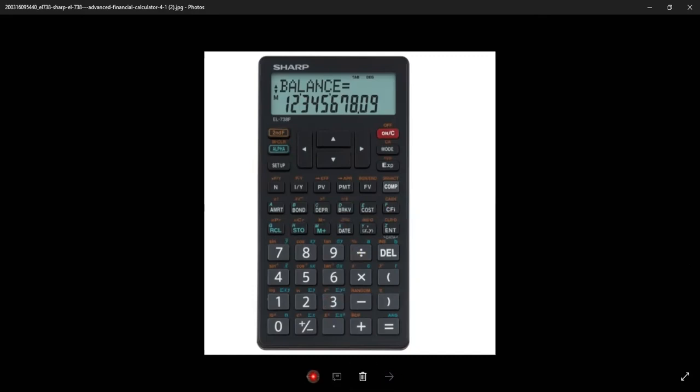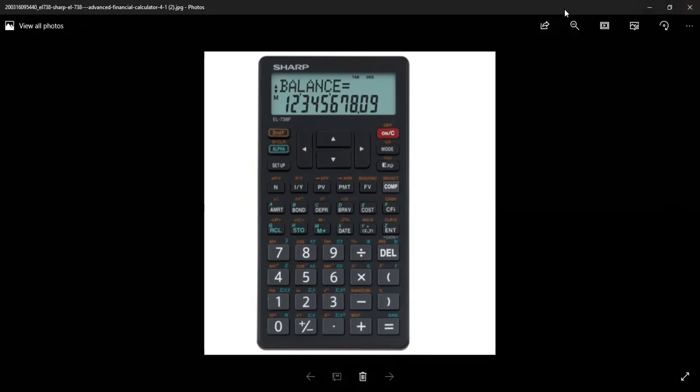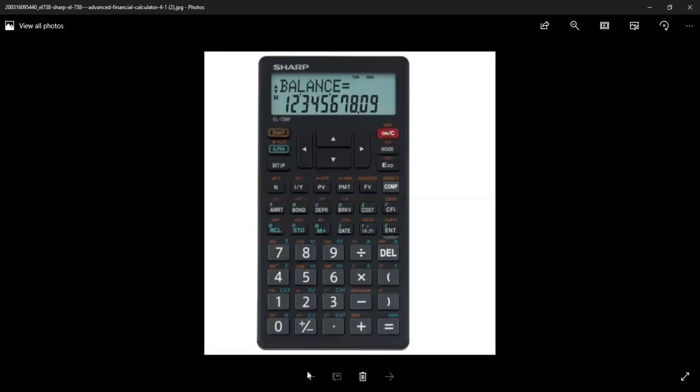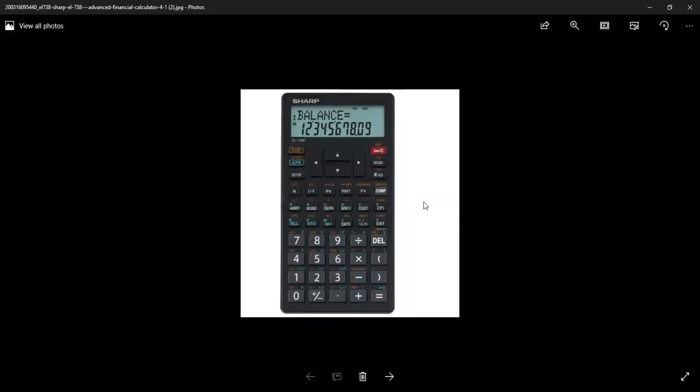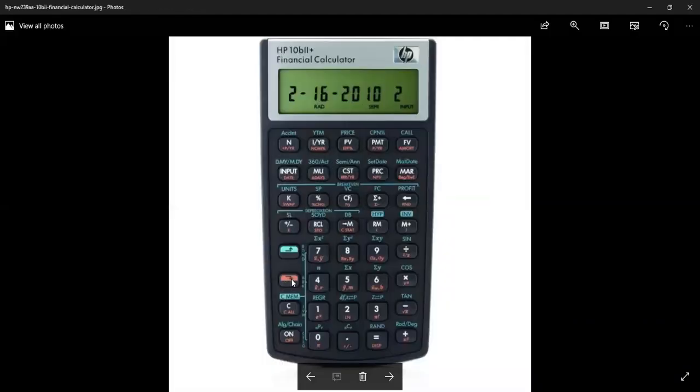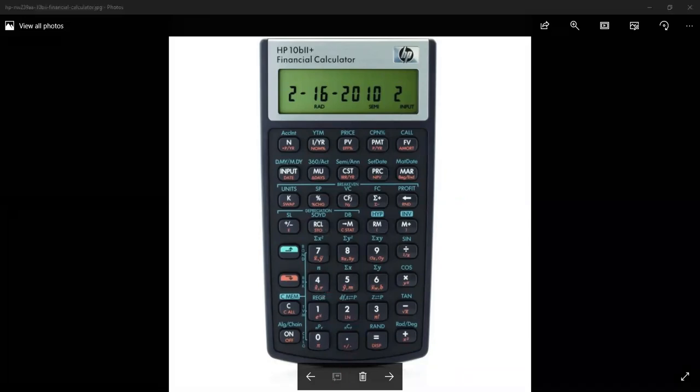With the other calculator, let me put that one up. With the HP, you first press the red shift button and then clear to make sure that your memory is clear. Then you enter your initial investment, which is 214,500.